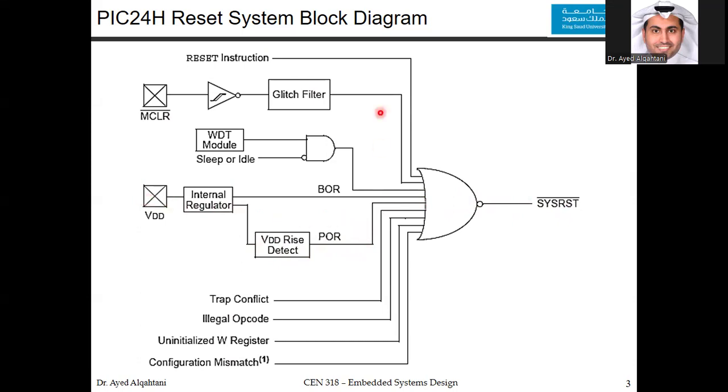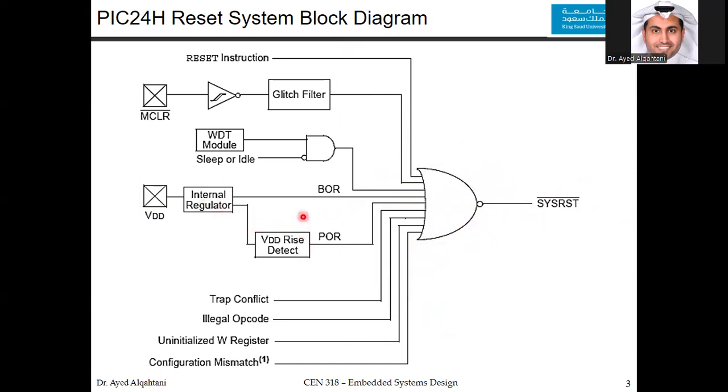Now, as you can see, there are multiple other sources that we mentioned before, and now we will check them. The reset will happen if any of them happens. So if this happens, or this happens, or this happens, or this happens, this is why we have an OR gate, followed by inversion to have an active low system reset.